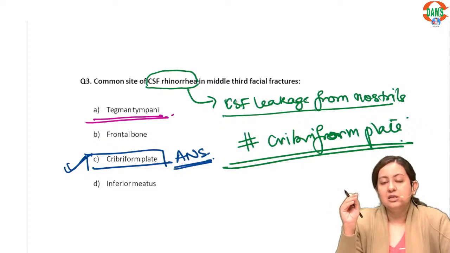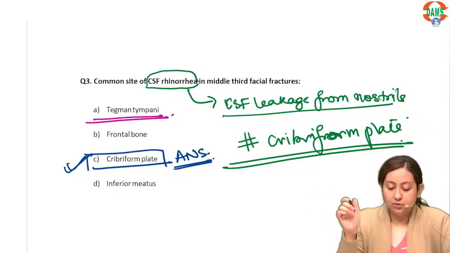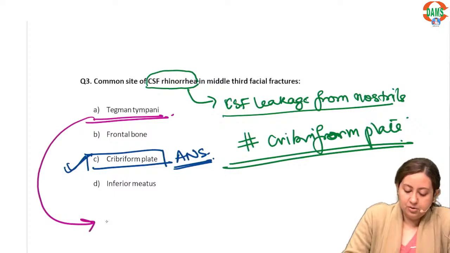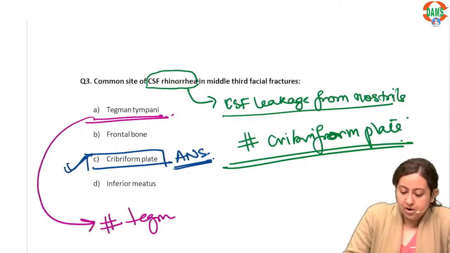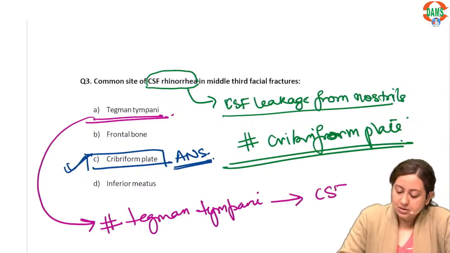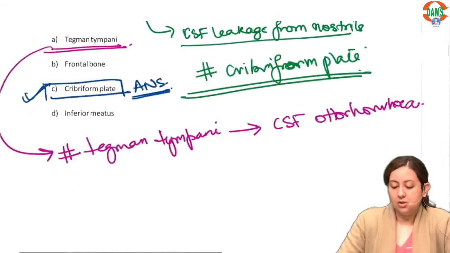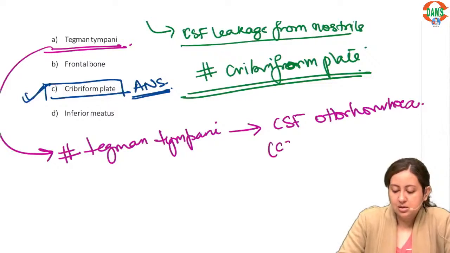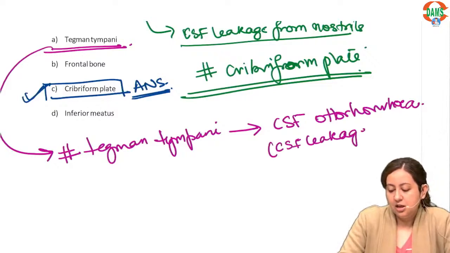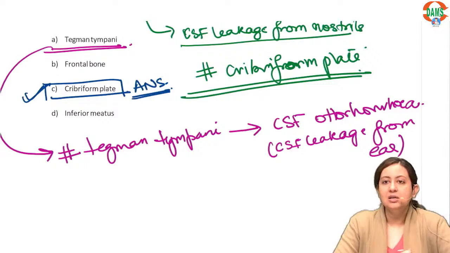Whenever there is fracture of tegmen tympani, it will cause CSF otorrhea. CSF otorrhea is nothing but CSF leakage from the ear.